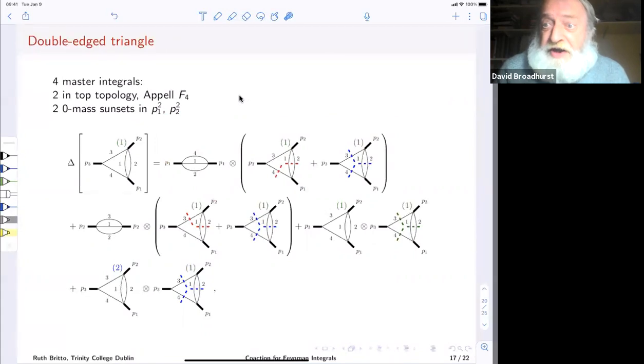But he explicitly says that what he calls the dunce's cap, and you call the double-edged triangle, and I call the ice cream cone, generic kinematics, that there are problems for a coaction on that graph. Do you have any understanding of what the problem might be?